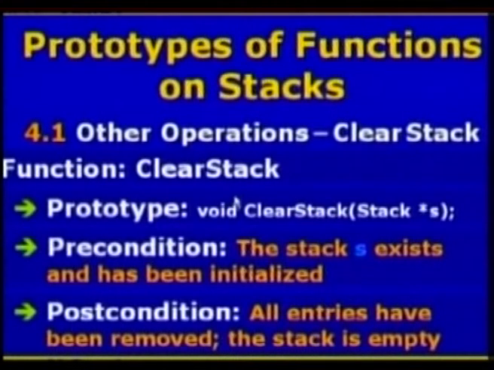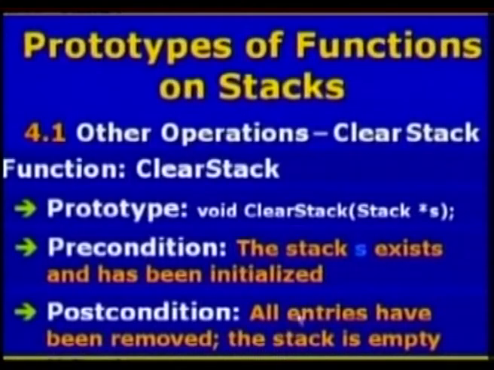The prototype for this is again of type void, it has the name clear stack, and it takes as an input the stack S. The only assumption in here is that the stack exists and has been initialized. There is a stack called S. I don't know how many items are in there, and I don't care. No matter how many items are in there, I'm just going to flush them, clear them, drop them.